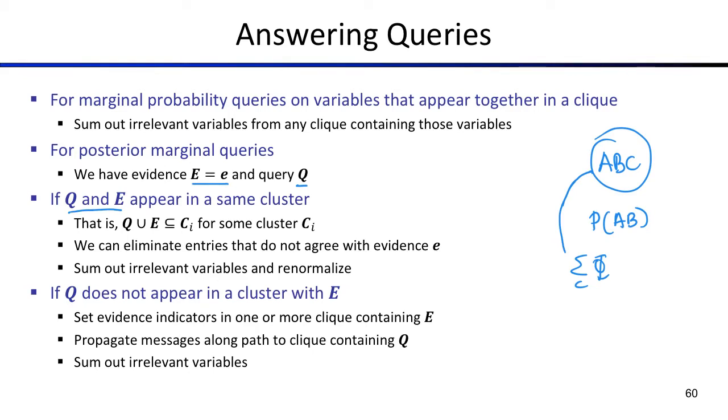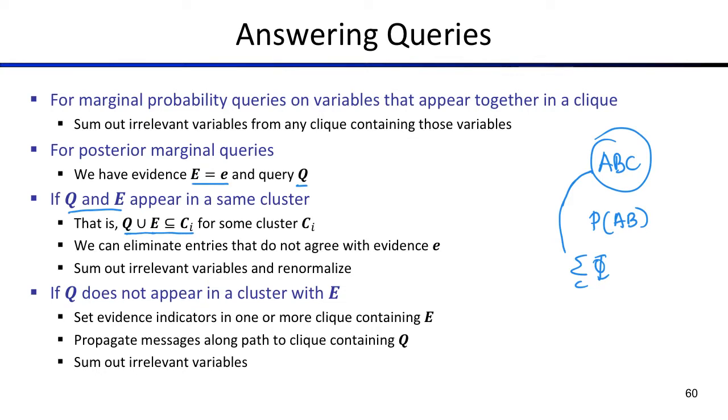To be clear, the union of the variables in the query and the evidence is a subset of the variables in some cluster Ci. So I can just set the evidence in that cluster and sum out the relevant variables.